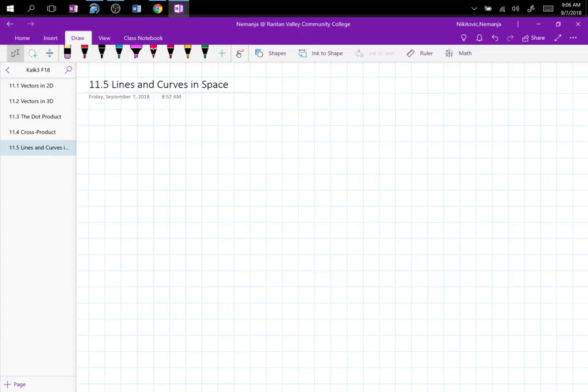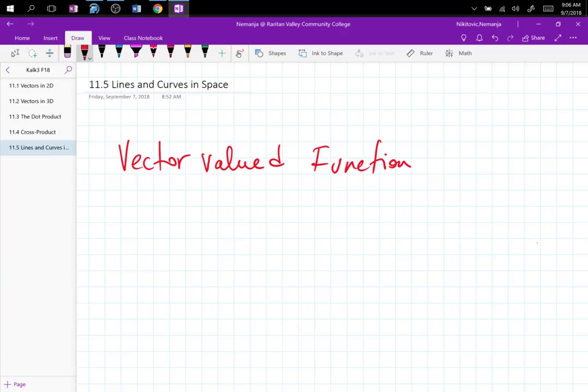Well, we start first with the concept of a vector valued function. A vector valued function will simply be a vector that consists of functions which portray the position in space.